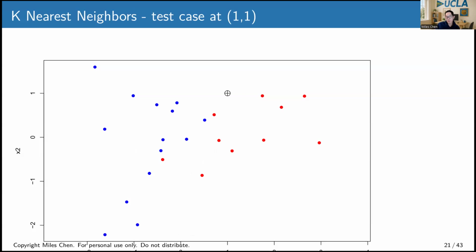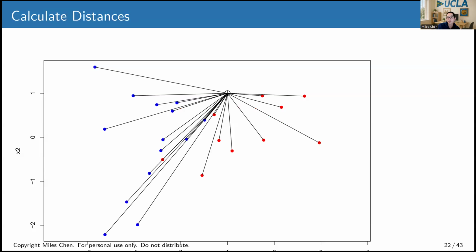Okay. Here is another test case. This test case is located at 1, 1, and we'll just see how k-nearest neighbors would classify this point. All right. And so again, the first thing we do is measure the distance from our test case to every single other data point in our data set.